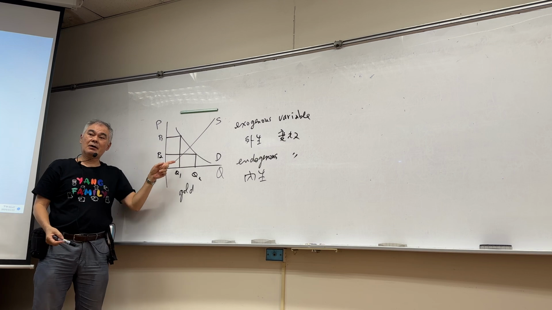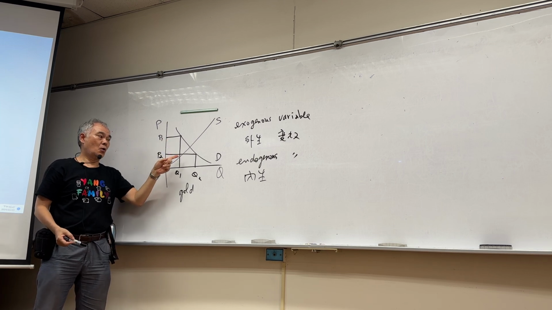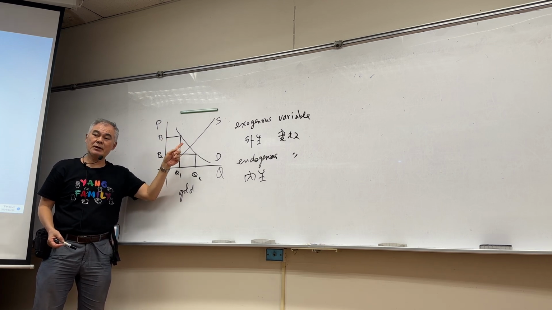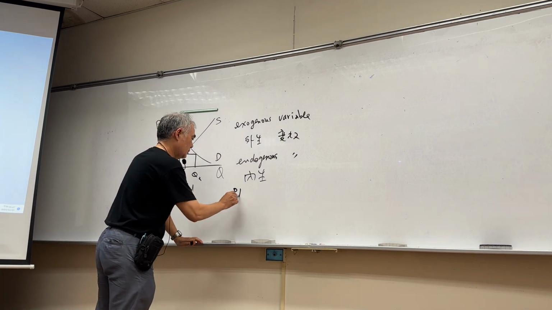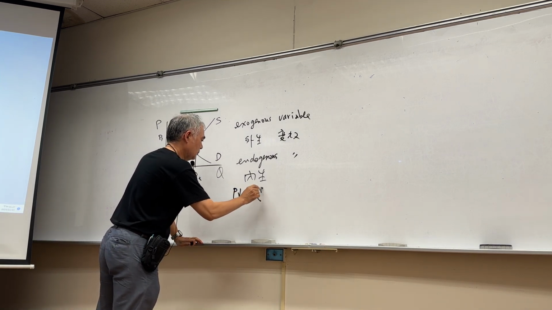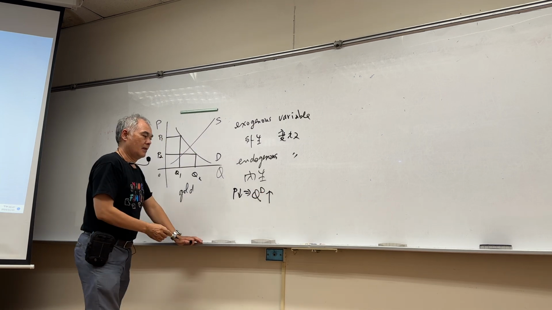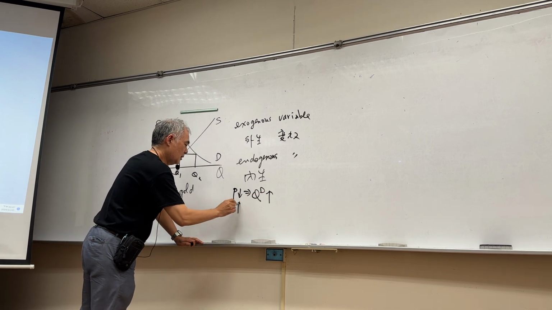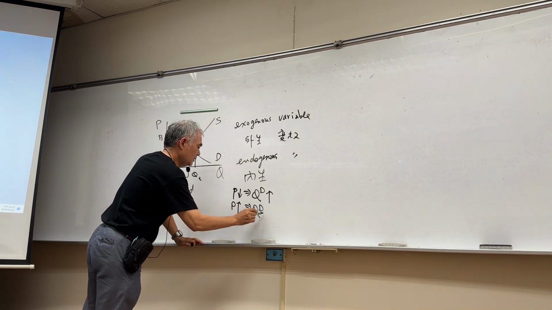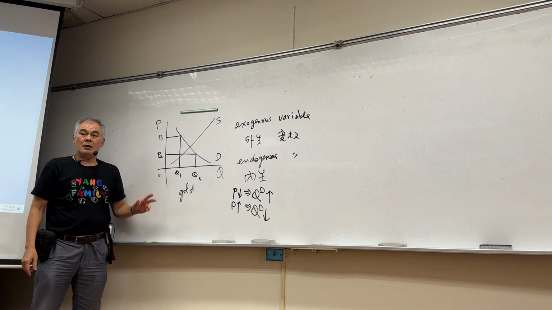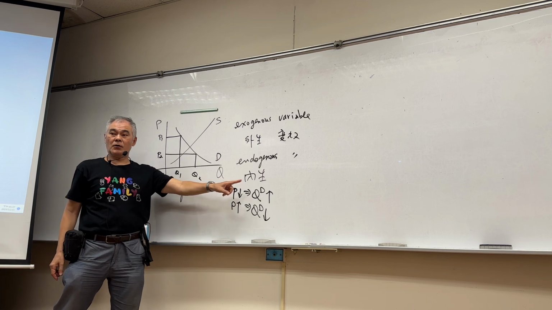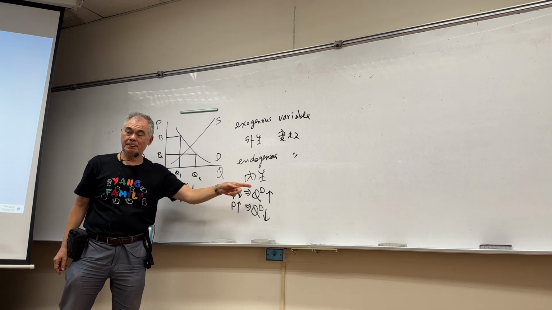Price goes down, quantity demanded goes up. Price goes up, quantity demanded goes down. But this is for the endogenous variable.